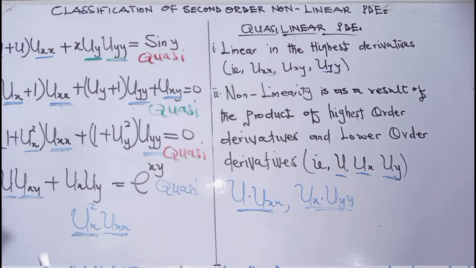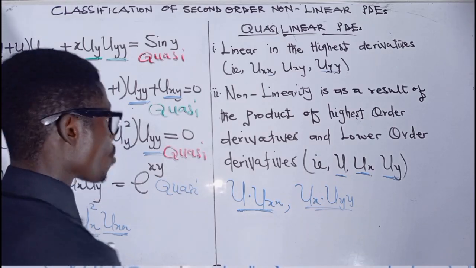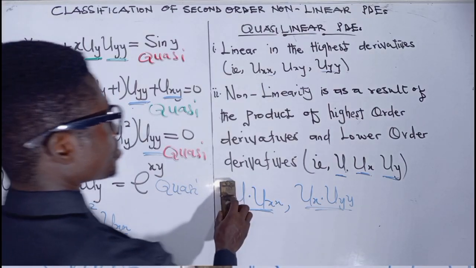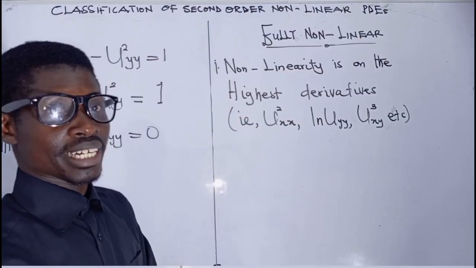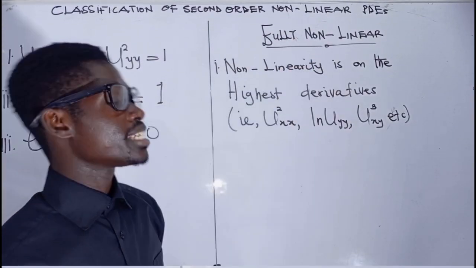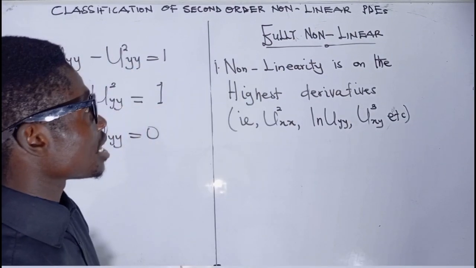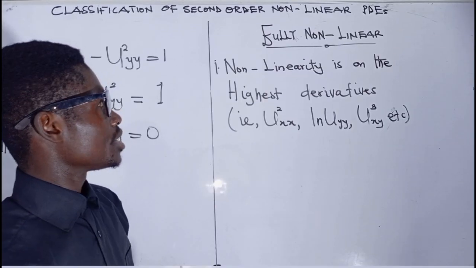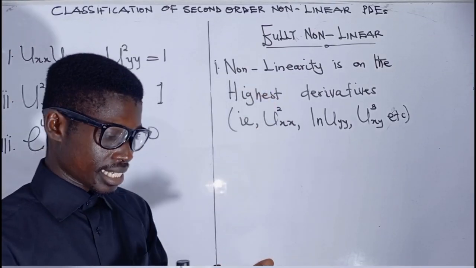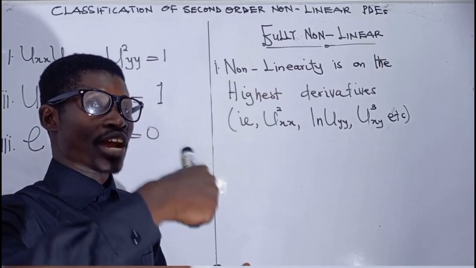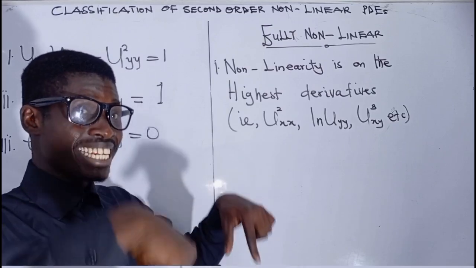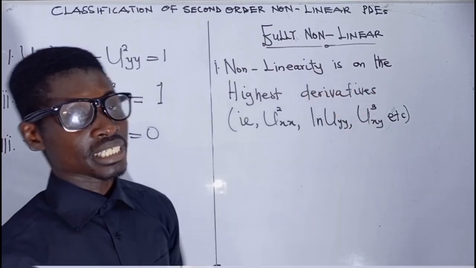Let's look at the last type. That is the fully nonlinear second order PDE. What we are saying is that what makes the PDE nonlinear is on the highest derivative.